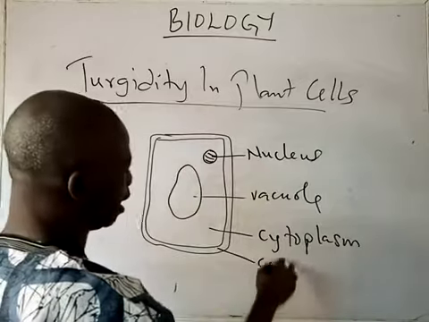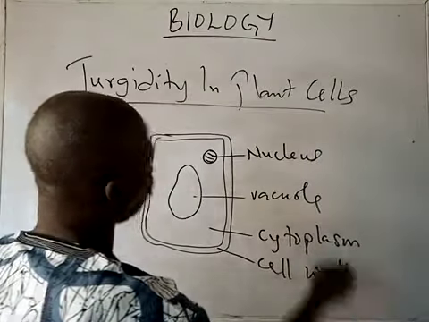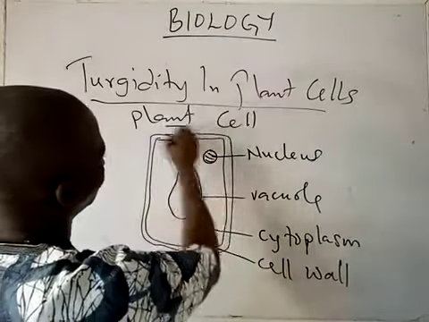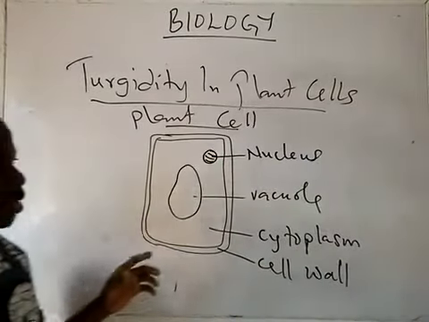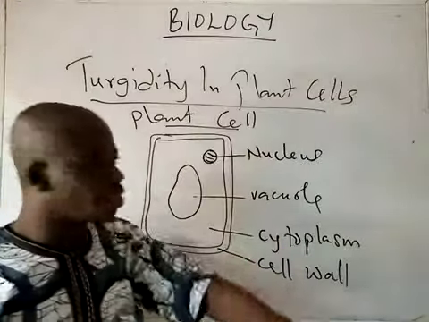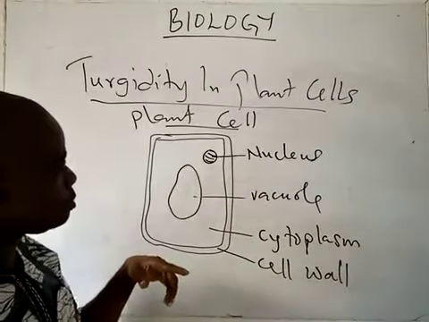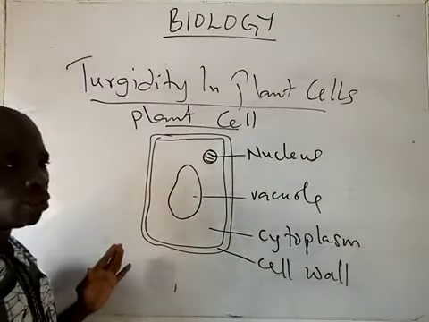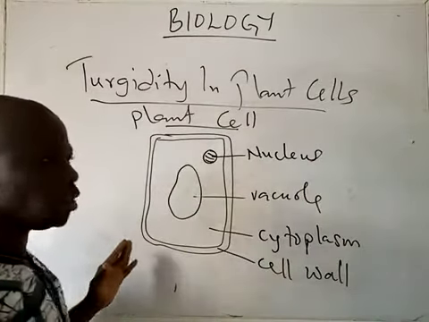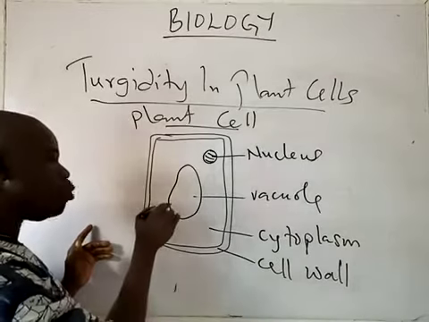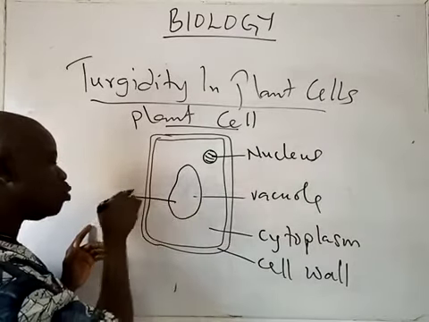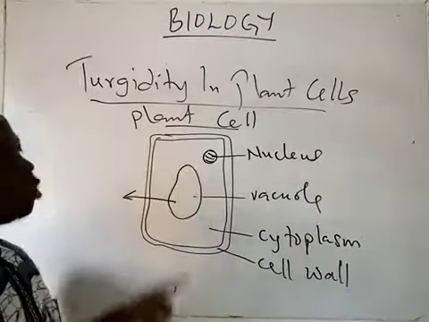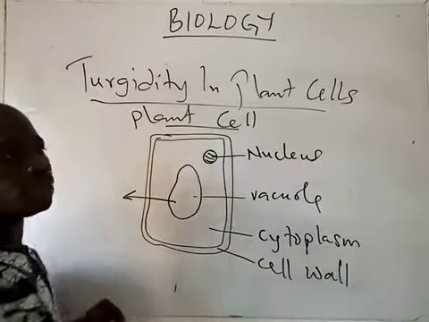This is our cell wall of a plant cell. Now, in the other instance, when we are talking about plasmolysis, if this cell is placed in hypertonic solution, in a stronger solution, then we expect that water molecules will move out, and that will lead to shrinkage of the cytoplasm.